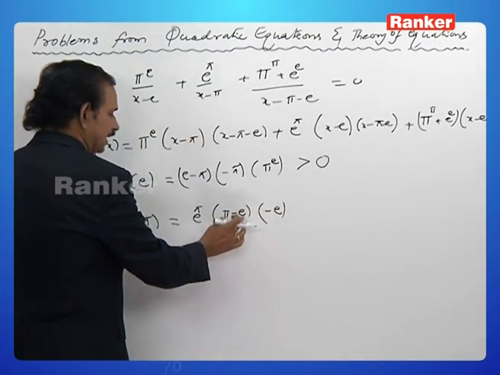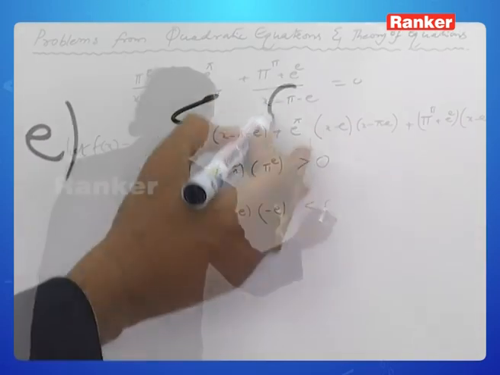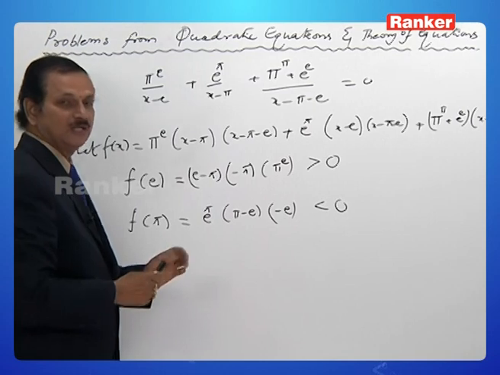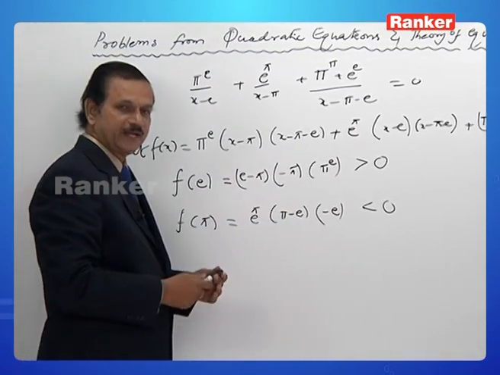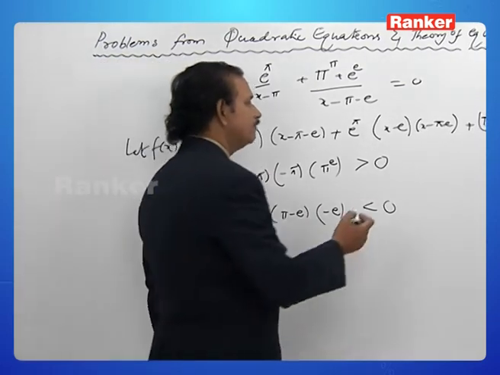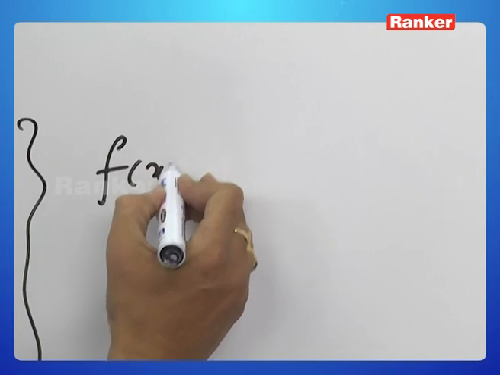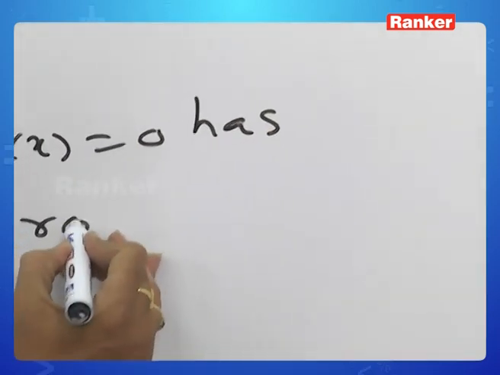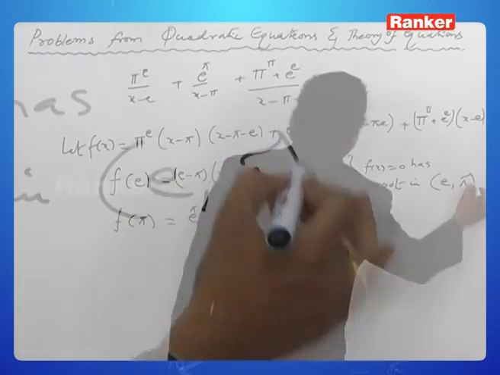Pi minus e is positive, e power pi is positive, minus e is negative, total negative. What can you observe with this? F of e is positive and f of pi is negative. Therefore, we say that f of x equal to 0 has a root in open interval e to pi.